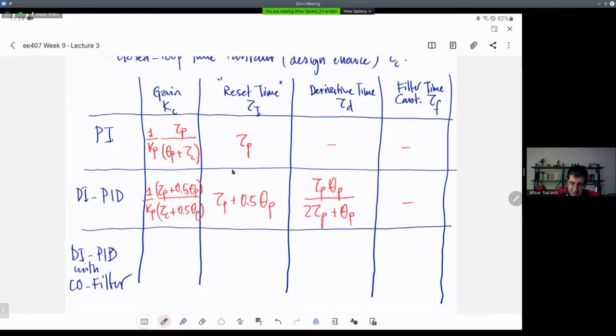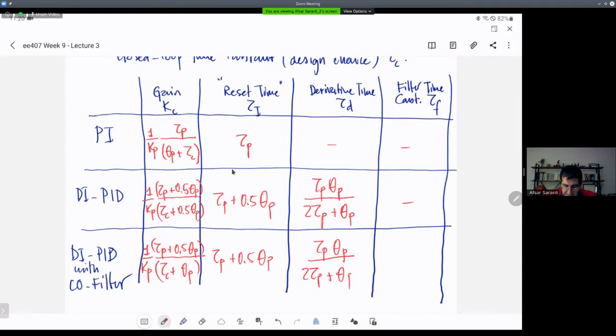And finally, in the last case, we also have a specification for the filter as well. So I have here 1 over Kp, again, in the numerator, tau P plus 0.5 theta P over tau C plus theta P, in this case, without the 0.5, tau P plus 0.5 theta P. Here, tau P theta P over 2 tau P plus theta P, the same.